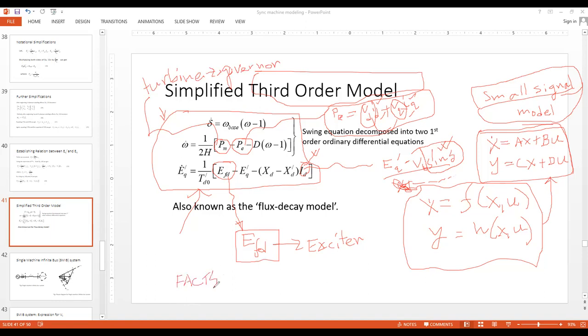I think by then our time would be over, so we will at least try to touch some of the FACTS devices. That is our target for the time being. If we still have time left, another thing is left: we also have to model the loads, dynamic load modeling. In a nutshell, this is the syllabus that is left.